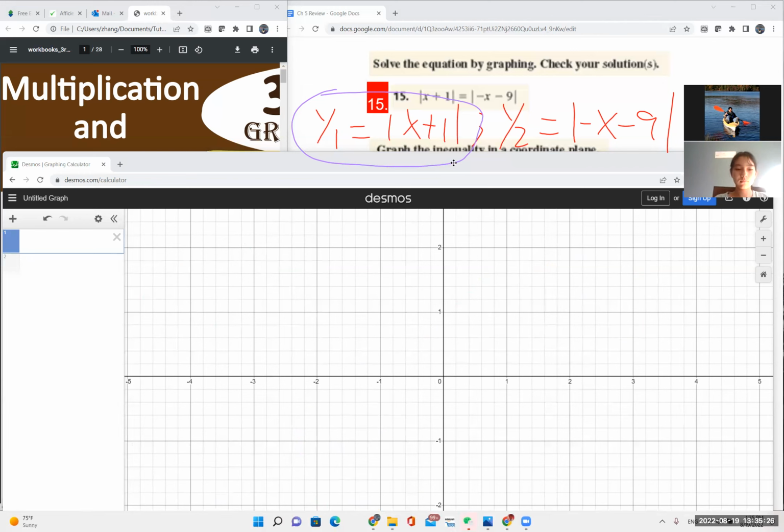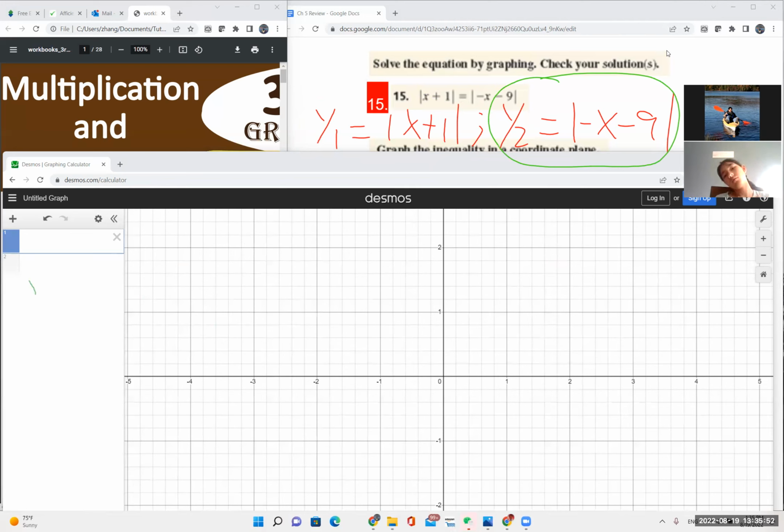Now tell me how to draw y2. Yeah, find the vertex first. Where does the vertex happen? No, this time we will not use piecewise function. As I mentioned, it's too time consuming, right?